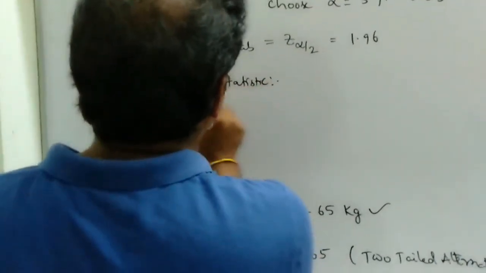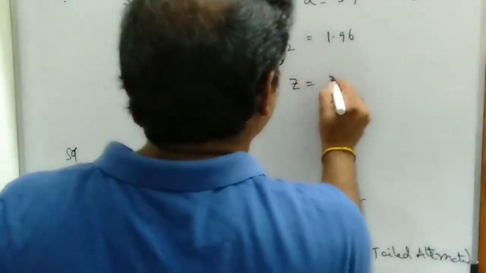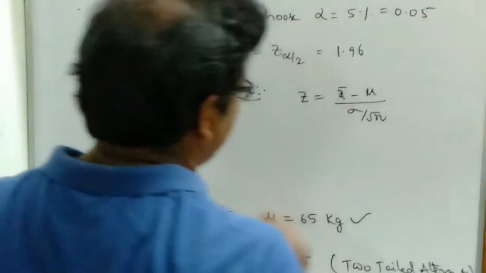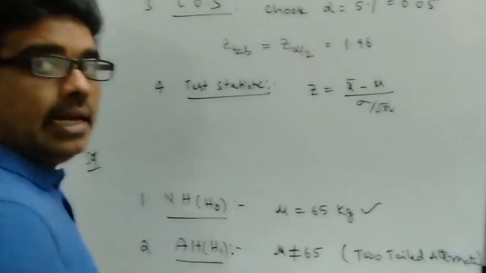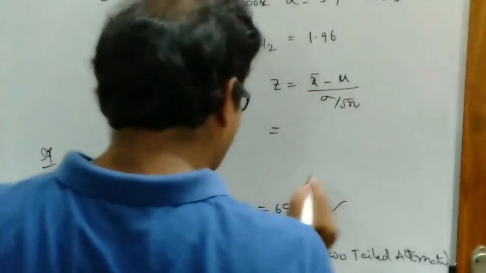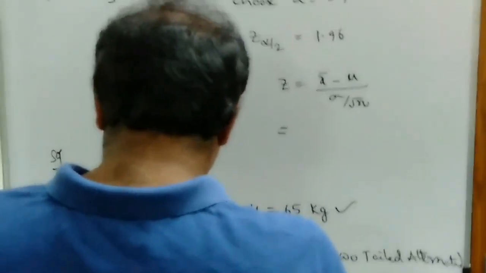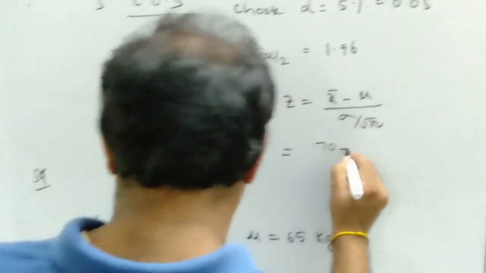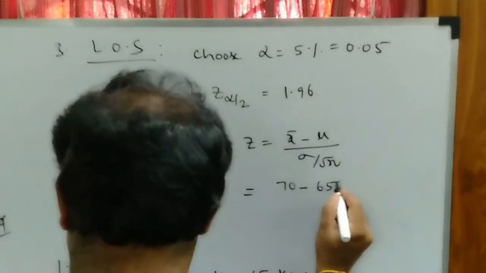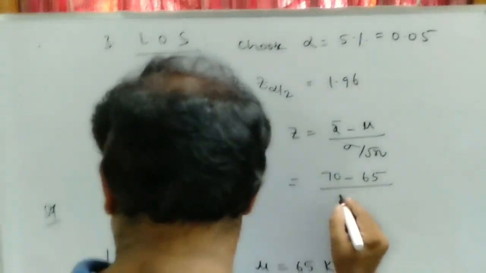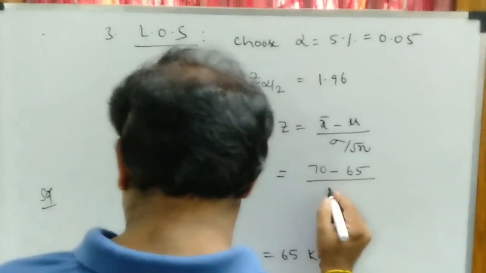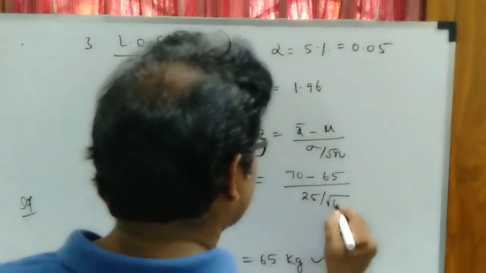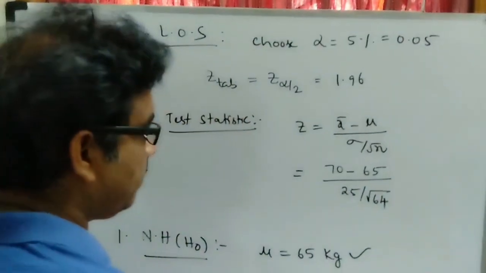Test statistic means Z value. So Z is equal to x bar minus mu by sigma by root n. We have to calculate the Z value. What is x bar? X bar is equal to 70, minus mu value 65, by sigma. The value of sigma is 25 kgs, and the size of the sample is 64, so root n.